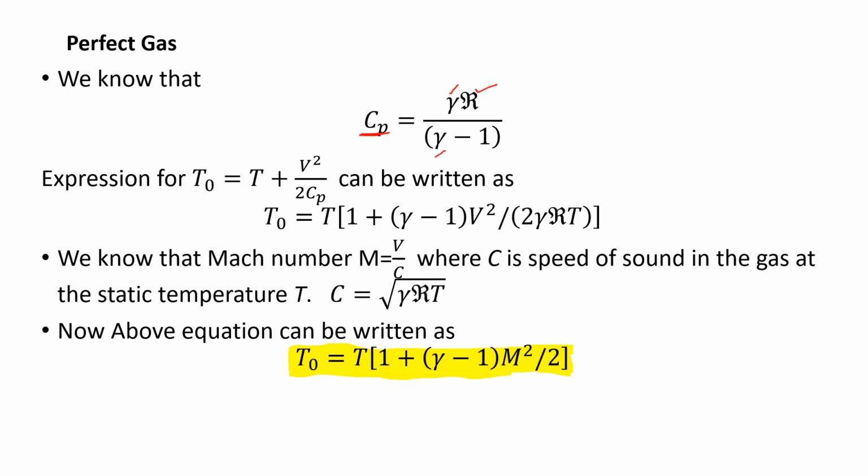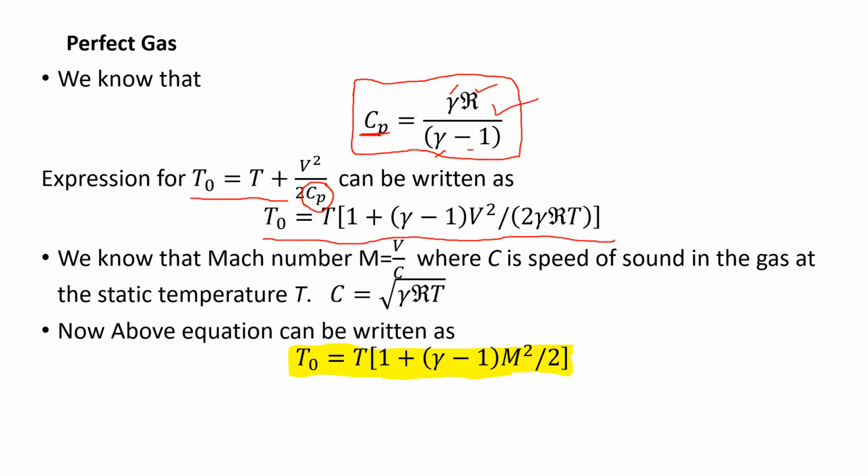These expressions we have studied in our basic thermodynamics, the relation between specific heat at constant pressure and specific heat at constant volume. So the expression T naught is equal to T plus V square by 2 Cp can now be written by substituting these values for Cp. So we get this expression.